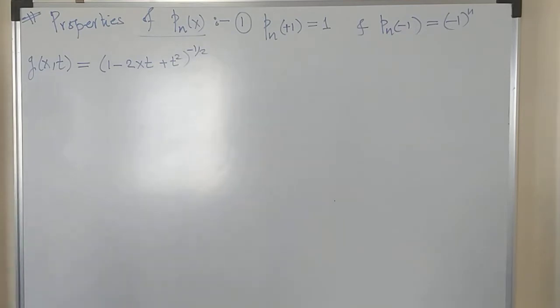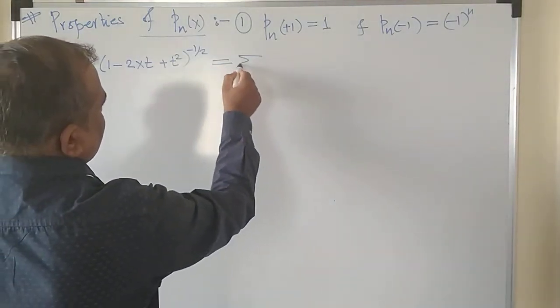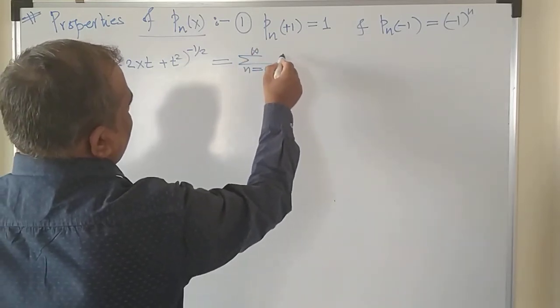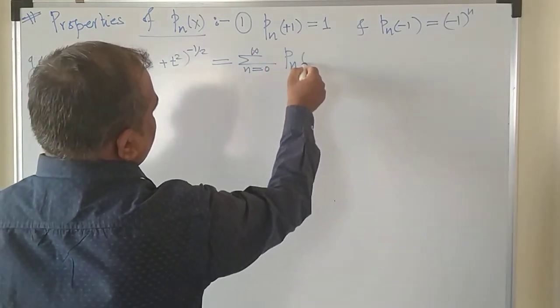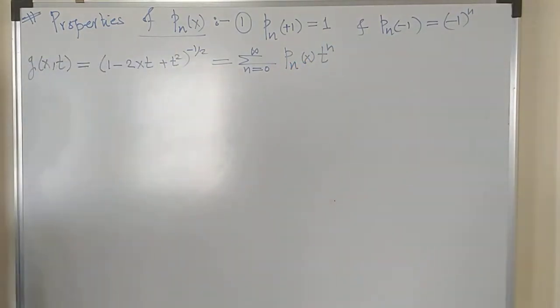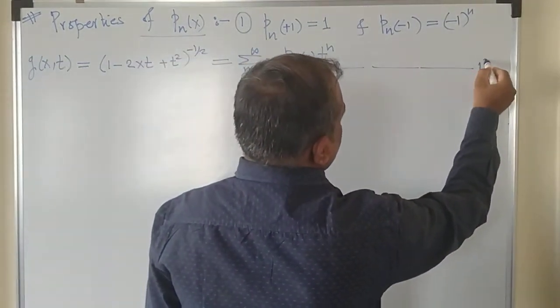Of course, this is equal to summation n equals 0 to infinity of Pn of x times t raised to power n. Let us say this is our equation number 1.